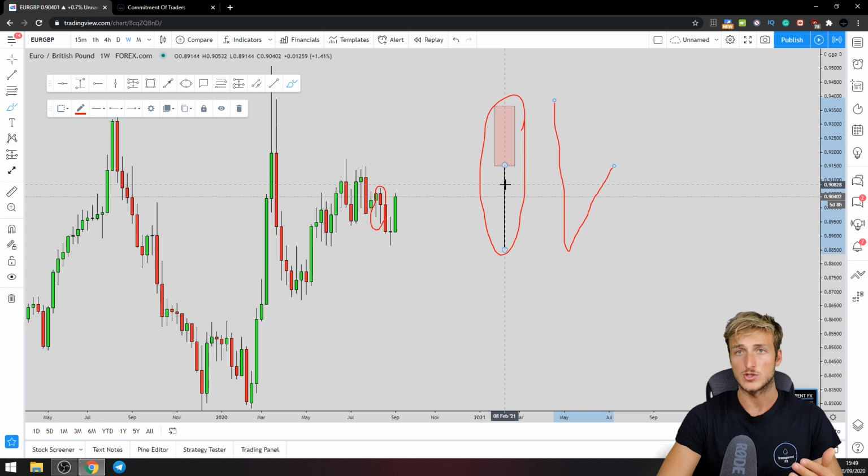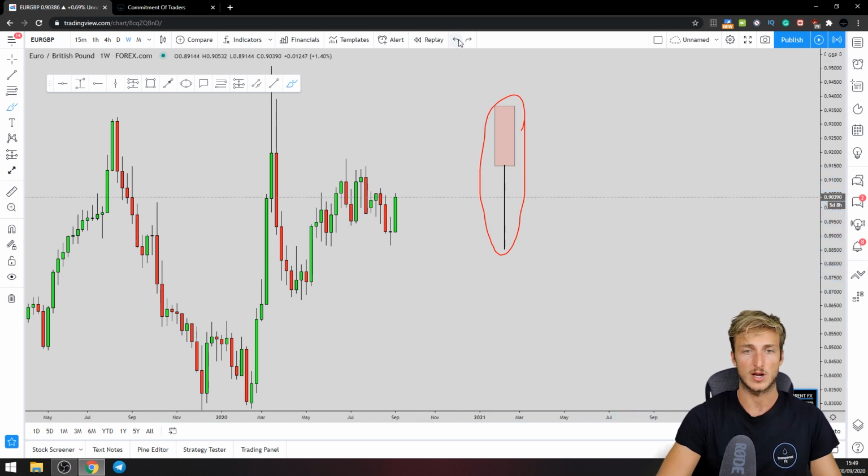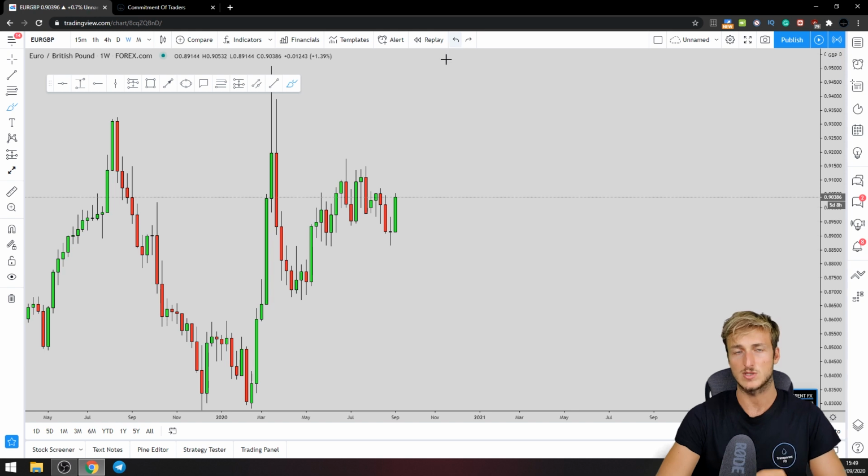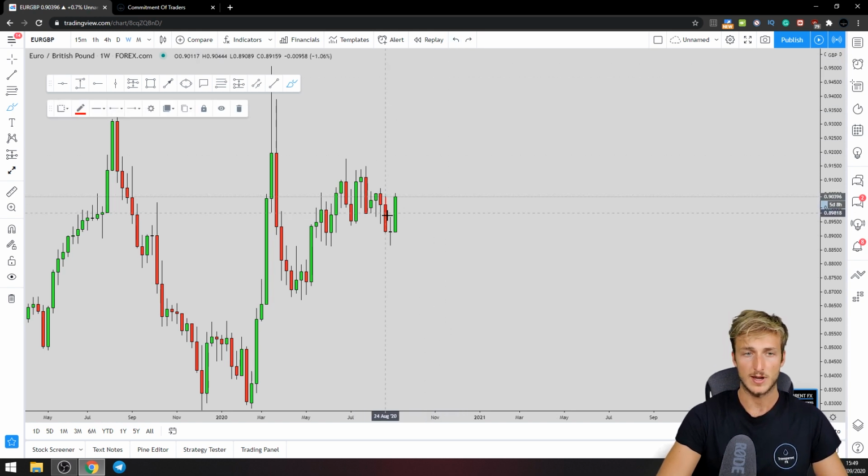And the reason for which you expect the next candle to fill in the wick is because after an impulse and a correction, you expect the market to create another impulse to complete the impulse, correction, and impulse pattern to the downside. I hope that I made myself clear on why after a candle like this, you expect the next one to fill in the wick, because on lower time frames you have an impulse and a correction and you expect a continuation to the downside. And in fact, the next candle was red and it did fill in the wick of the previous candle exactly as we wanted to see.